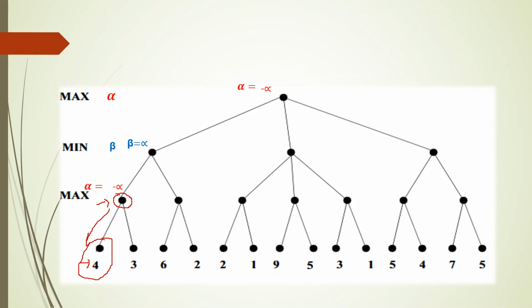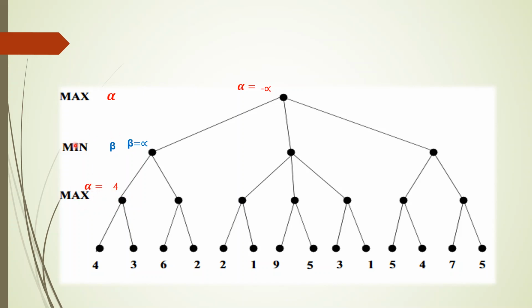So now minus infinity will be replaced by 4. So the value of max will now become equal to 4, and the node value here will also become equal to 4.